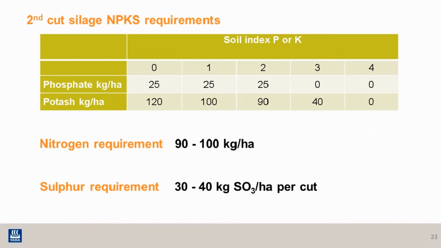So it's a good time for the second cut to replenish soil K, and you haven't got the same problems with luxury uptake of K in second cut growth. So our nitrogen requirement, taking that from RB 209, is between 90 and 100 kgs of available nitrogen per hectare, and a sulphur requirement of 30 to 40 kgs of SO3 per hectare. And I must say that's not just for second cuts, that's for each cut.